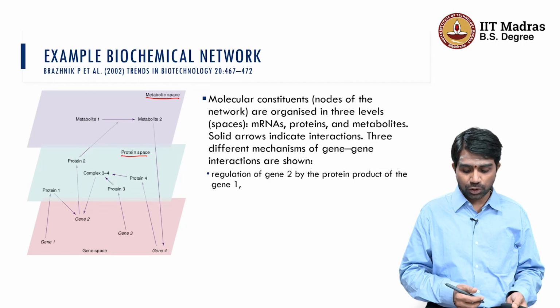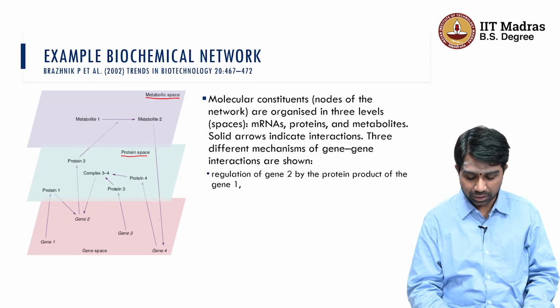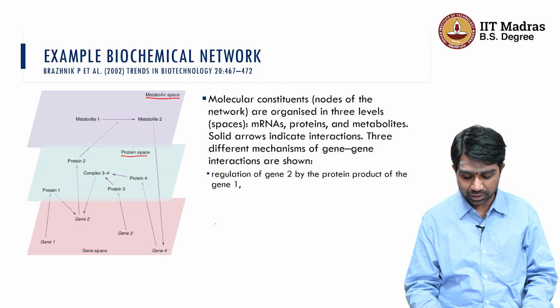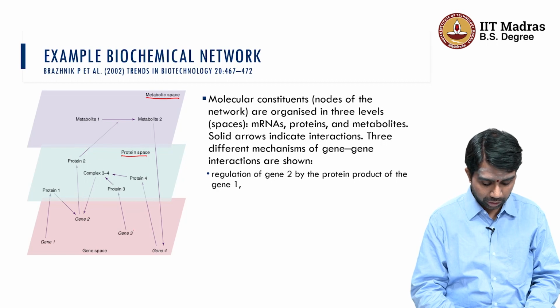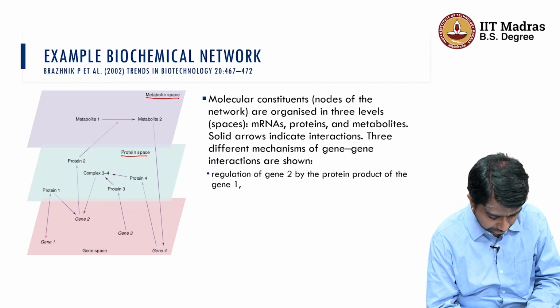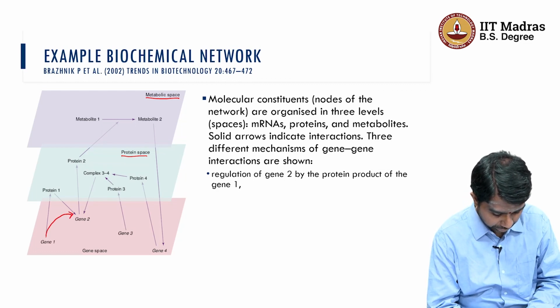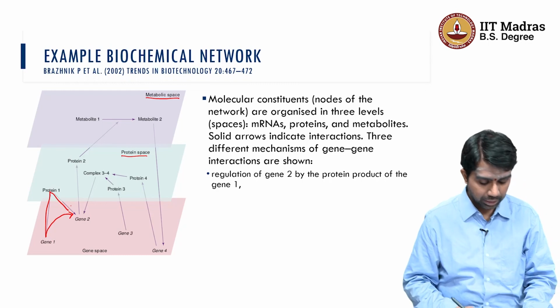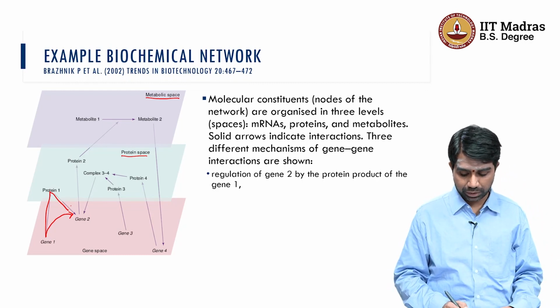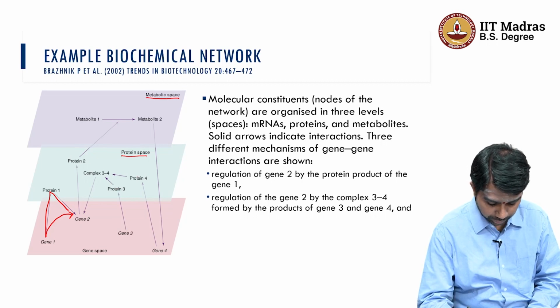And what does this show? The solid arrows indicate interactions, and 3 different mechanisms of gene-gene interactions are shown here. First, the regulation of gene 2 by the protein product of gene 1. Then there is an interaction that actually comes from the other space, so to speak. Gene 3 produces protein 3, gene 4 produces protein 4.